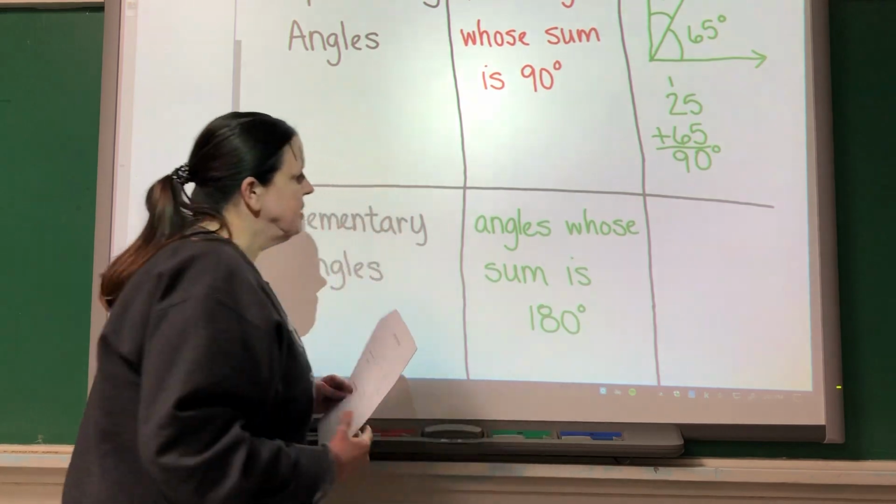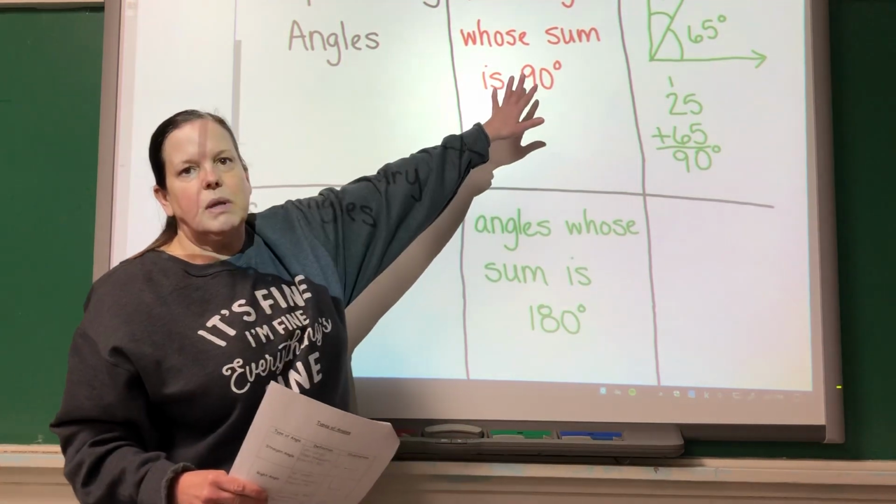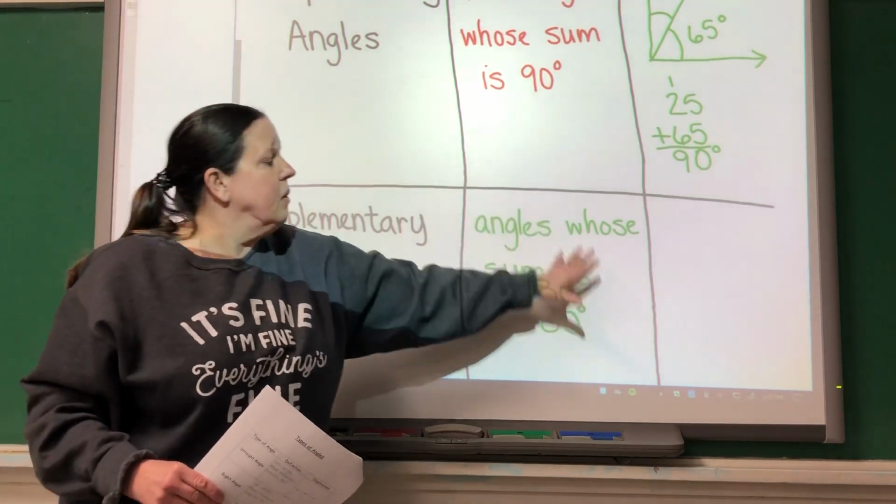So it works very much the same, except instead of the sum equaling 90 degrees, they are angles whose sum is 180 degrees.